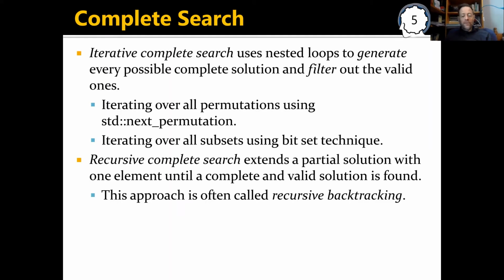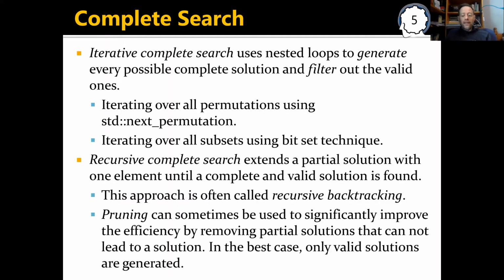To make this more efficient, we want to use what we call pruning. This means that if we can determine that by continuing down this path there is no solution, we can stop computing already. There is no point in continuing until we have a complete possible solution.